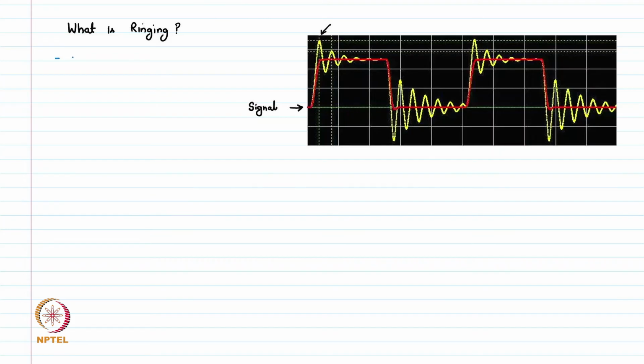So ringing is a voltage or current output that oscillates like a ripple.